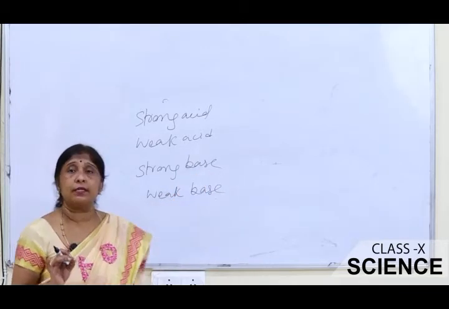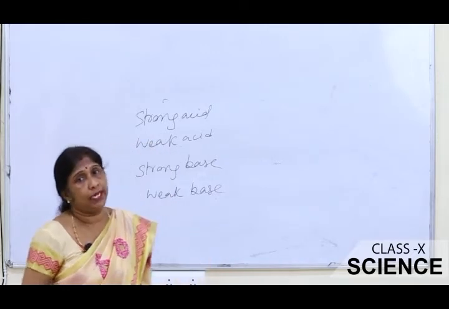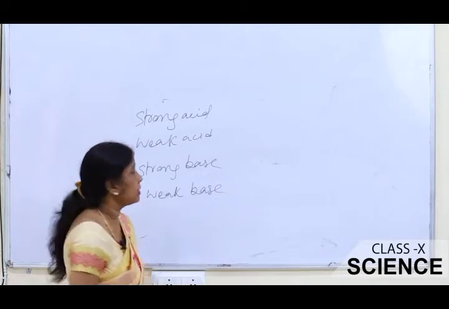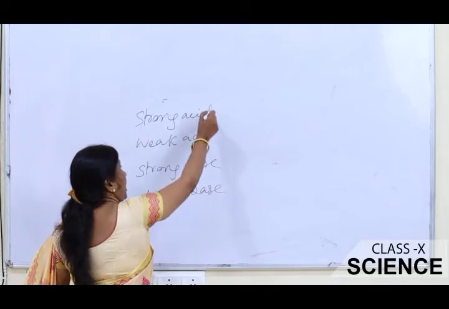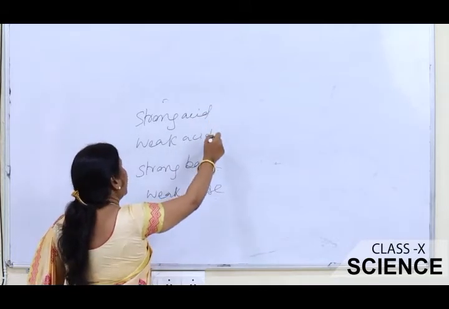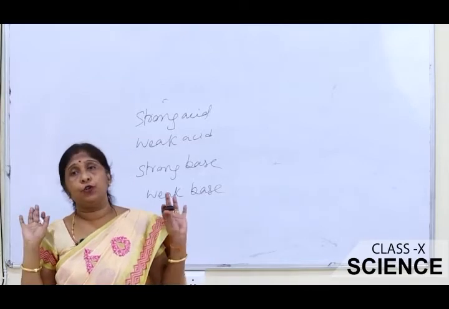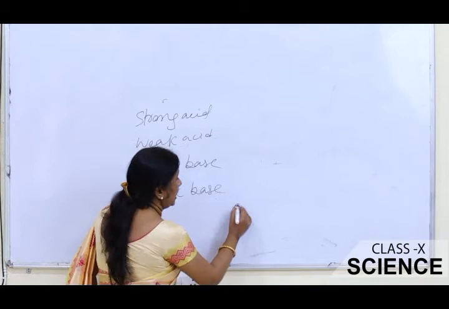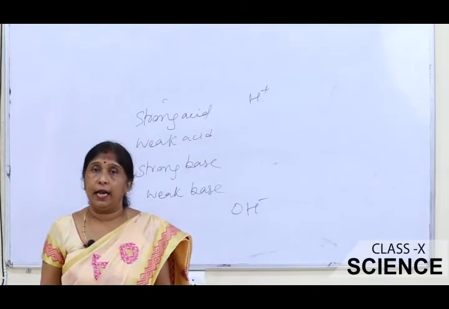Whereas a weak base is a base that gets partially ionized to form OH minus ions. So in case of a strong base, more OH minus ions will be produced. In case of a weak base, fewer OH minus ions will be produced. Strong acid, more H plus ions, weak acid, fewer H plus ions. But since it is an acid, it is definitely going to produce H plus ions. It is a base, so it will produce OH minus ions.